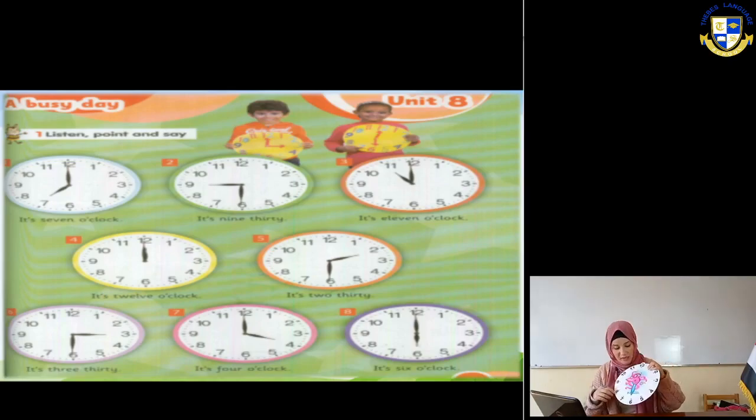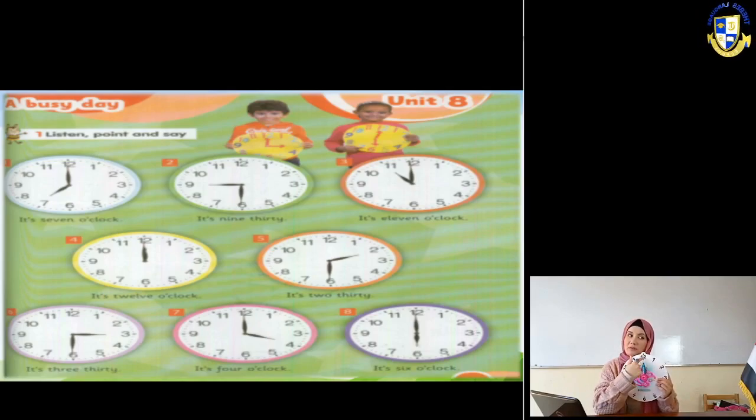Number 3, we have the short arm on 11 and the long arm on 12. Say this number first, it's 11 o'clock. Number 4, we have both on 12.